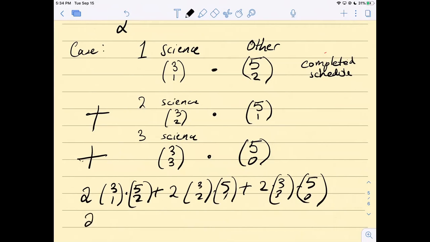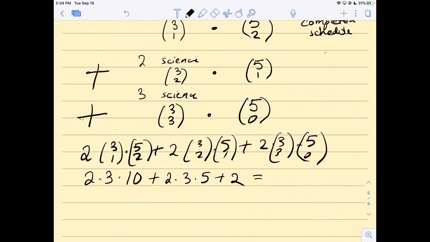That's 2 times 3 times 10, plus 2 times 3 times 5, plus 2, which is 60 plus 30 plus 2, 92.